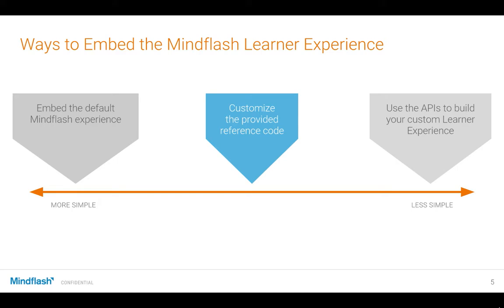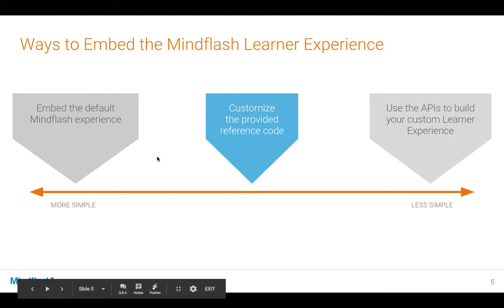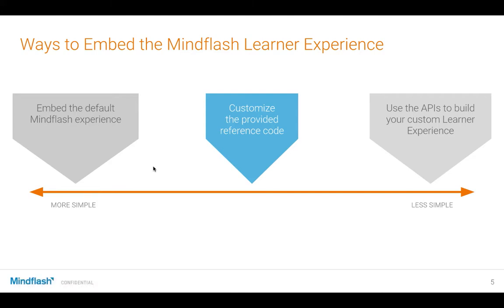There are a few ways that you can embed the Mindflash learner experience, and each of them has its own pros and cons. On the left, we have the default Mindflash experience. You could just embed the Mindflash learner experience as you see it today, and that's very simple, very quick to implement, but it may not match the user experience that you already have or have in mind.